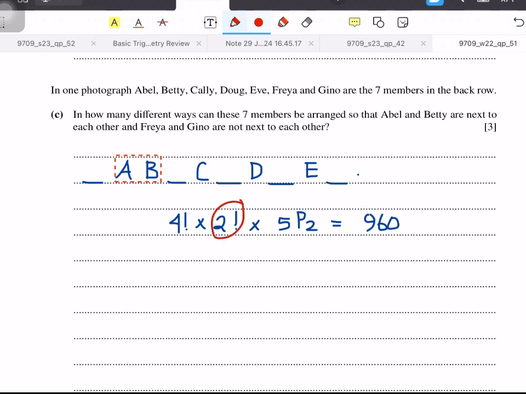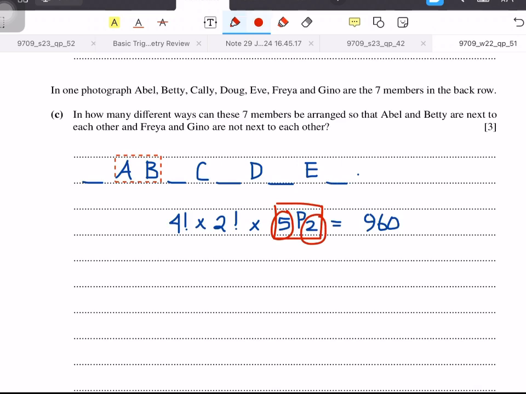And then since there are 5 spaces in which Freya and Gino can choose, the number of arrangements will be 5 permutation 2, because we have 5 spaces and 2 people, Freya and Gino.